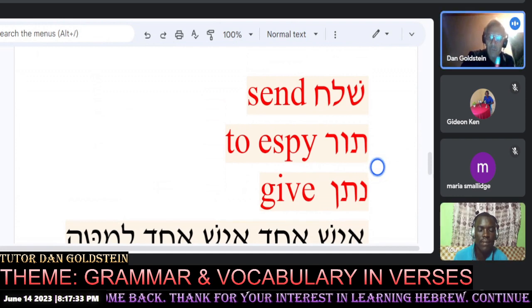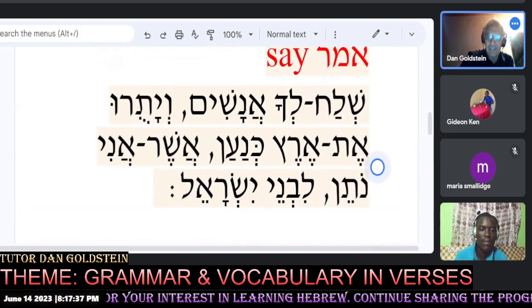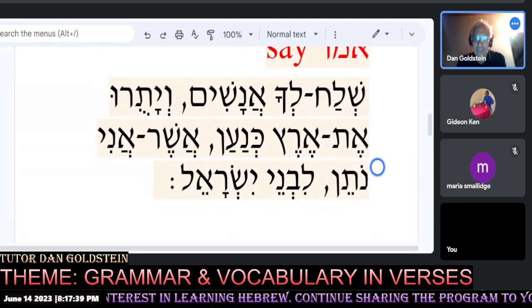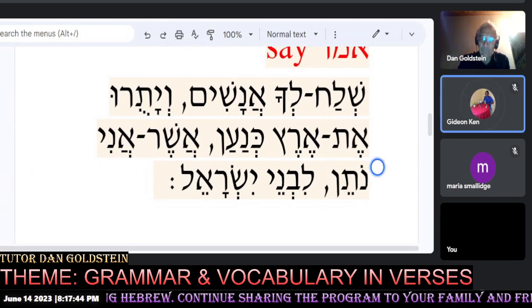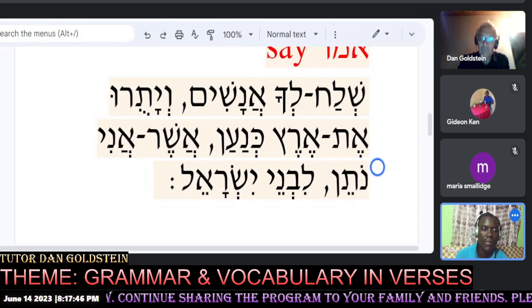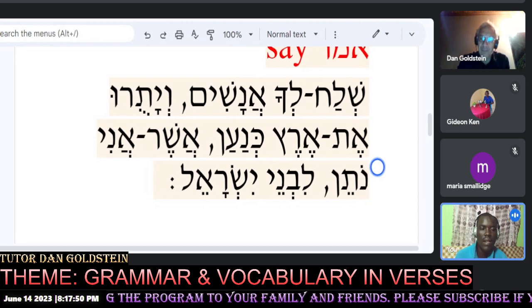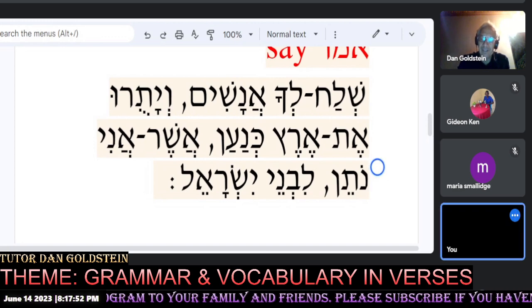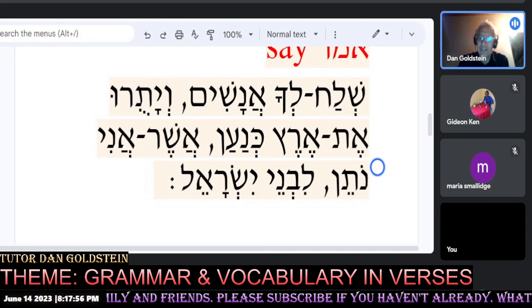So shalach won't be too big an issue for you. Let's find shalach. The very first word in the first line is shelach. It's the command form.